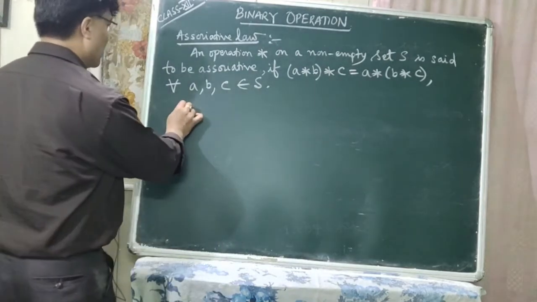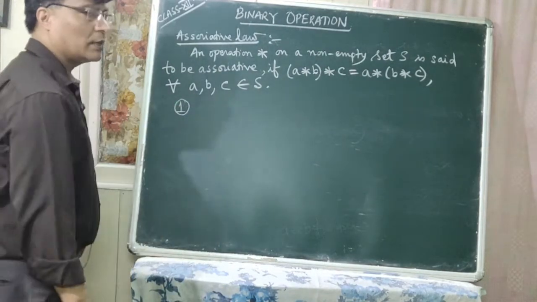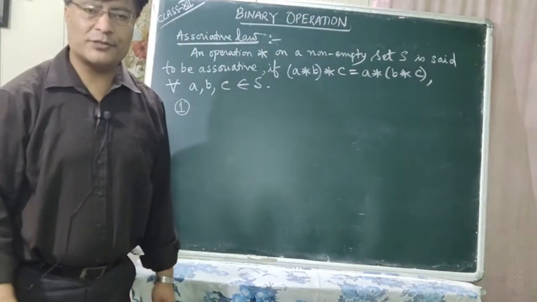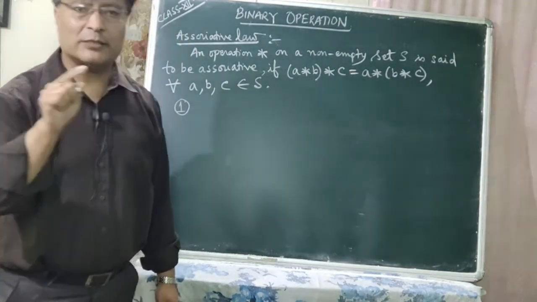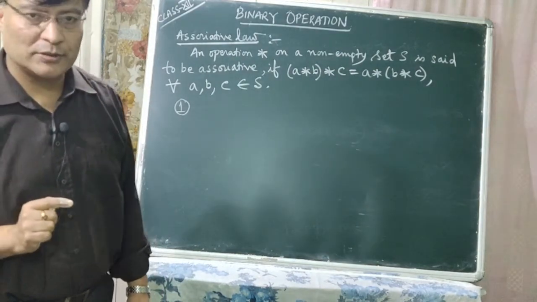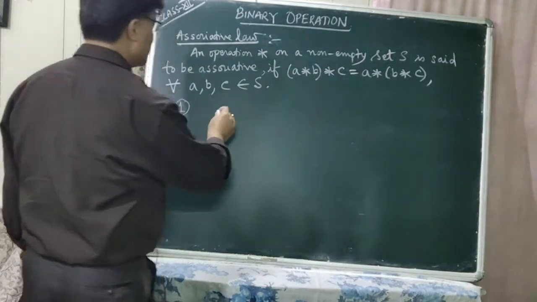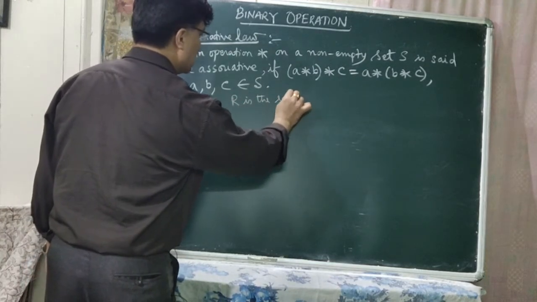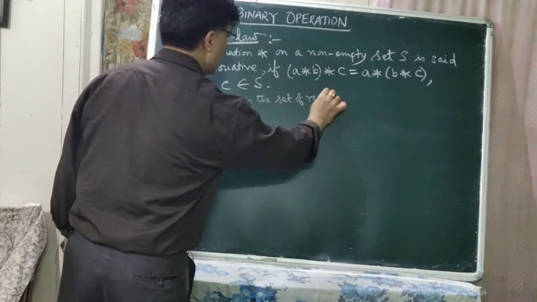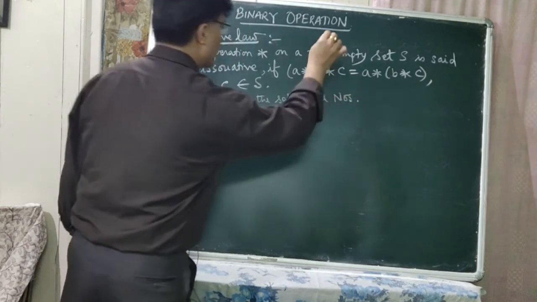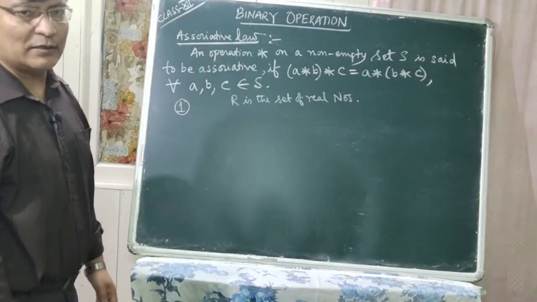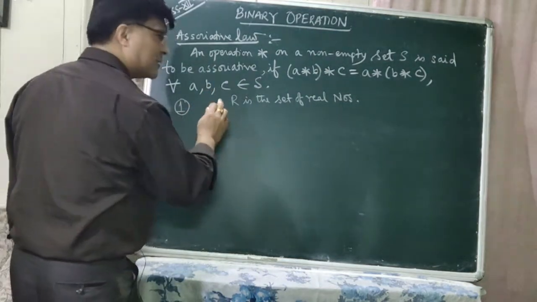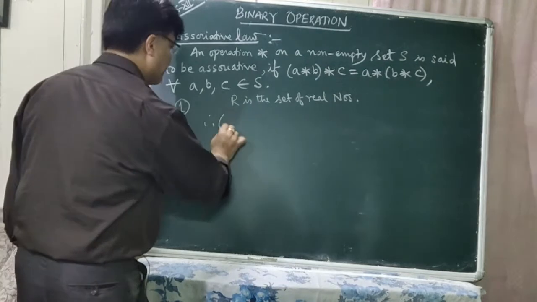Now let us take one example. You know that on a set of real numbers, the plus operation is a binary operation. Suppose R is the set of real numbers. Now, can you say that addition is associative?